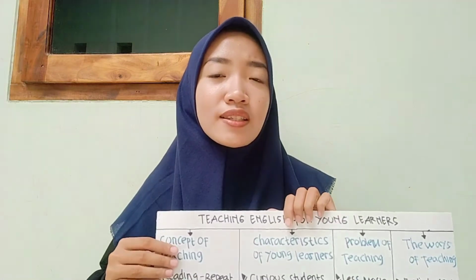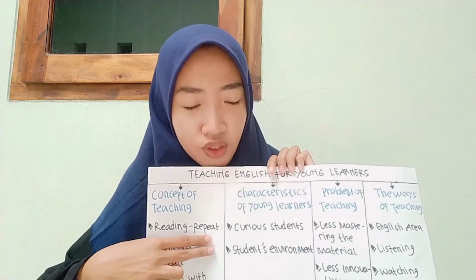Okay, and the next characteristic is the students' environment. The students' environment will impact how they study. For example, if the students' environment doesn't care about education, or sorry to say, their parents don't care about education, that really gives a bad impact to the students.